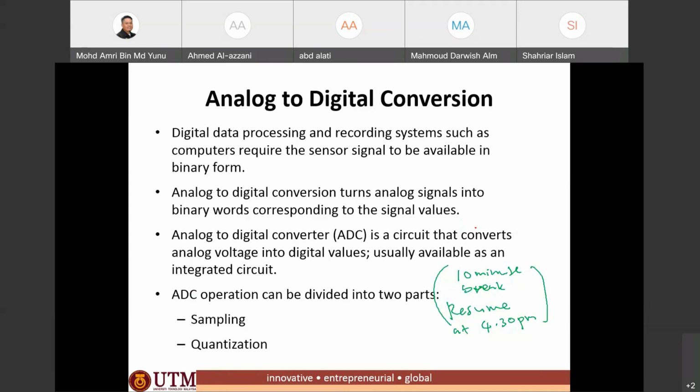and first we look into the analog digital conversion, which turns the signal from analog signal into binary. So the ADC operation can basically be divided into two parts: the sampling and the quantization.